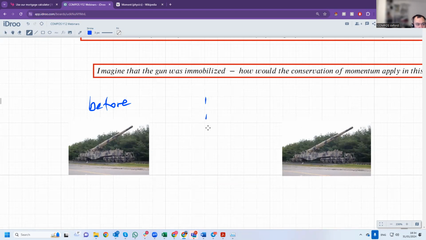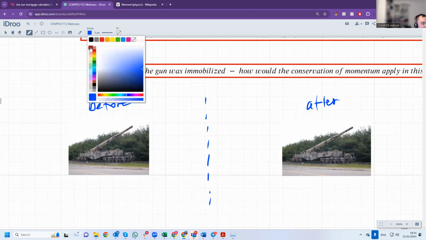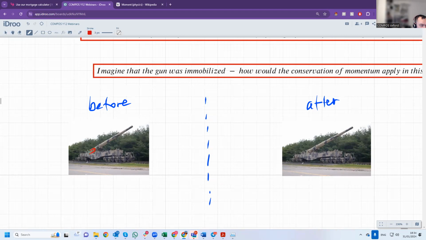Before, after. We need to understand that the projectile is inside, and here the projectile is outside.